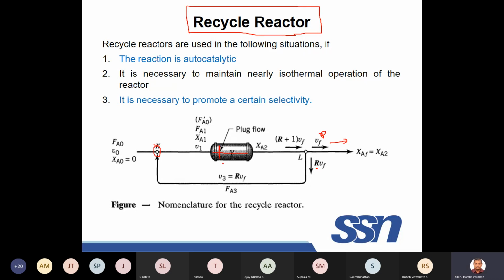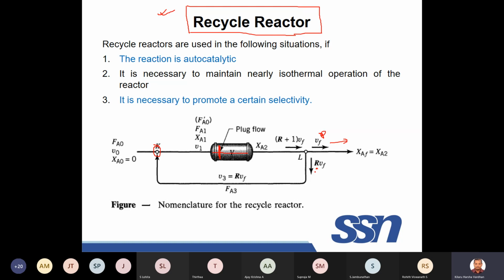So for the design of this recycle reactor, you get one big expression in terms of R. From that expression, if you substitute R is 0, you get the plug flow design expression. And if you substitute R is infinite, you should get the CSTR expression. So a recycle reactor is neither a plug flow reactor nor a CSTR, right?